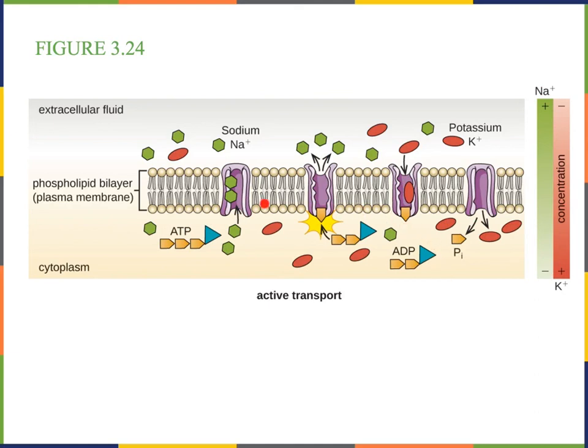Our energy source is ATP, and we have moved two substances up their concentration gradient: sodium from low to high, inside to out, potassium low to high, outside to in. And that is it. Those are the basics of transport. Some structures of the cell, and we'll cover some more of this in class.